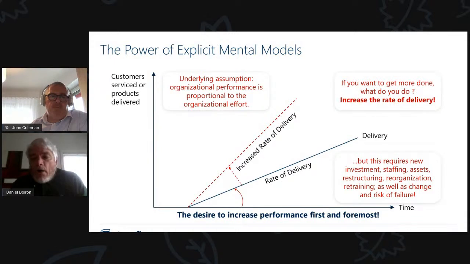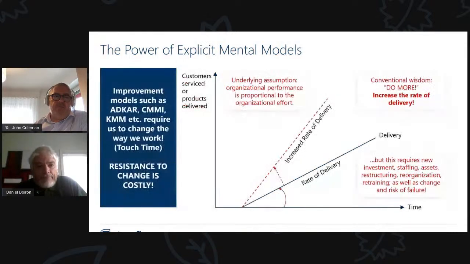But how else are you going to improve your performance but increasing your rate of delivery? This is one of the mental models that we've always had. And this is what improvement models basically suggest to you to increase your rate of delivery: buy assets, change the way that you work.